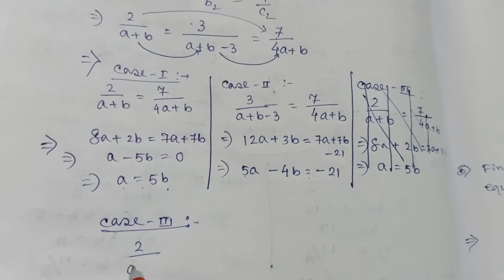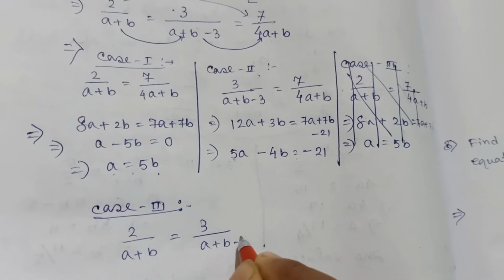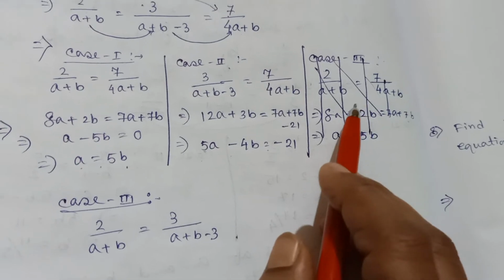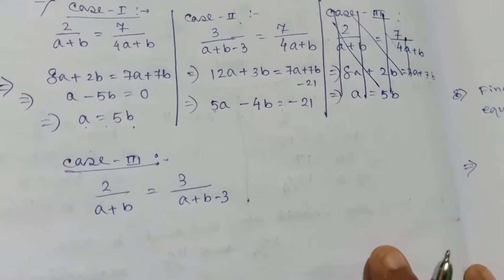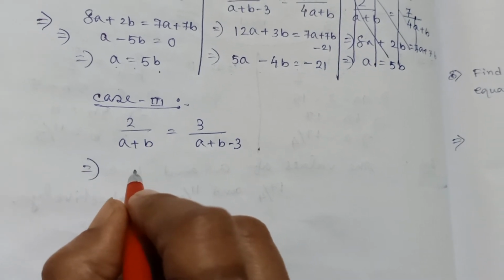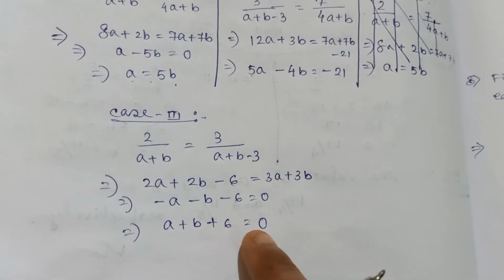And case 3, what I was telling, that 1 and 2. That means 2 by a plus b equals 3 by a plus b minus 3. I have cancelled this one because I wrote it wrong. So from this, after doing the calculation, we will get a plus b plus 6 equals 0.